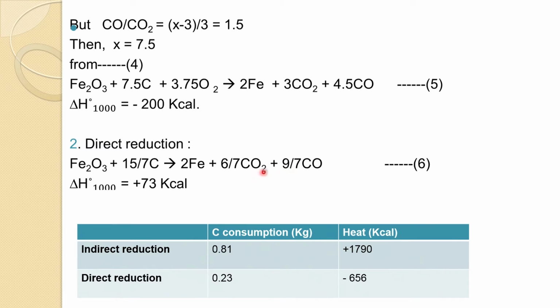Here the enthalpy is 75 kilocalories. Now, if we convert this in terms of per kg, what we will find is that for indirect reduction you need about 0.81 kg of carbon per kg of iron, and for direct reduction you will need about 0.23 kg.